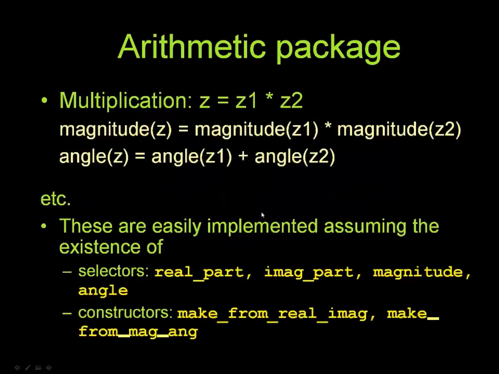Multiplication is similar, but you take the magnitudes of the numbers and multiply them together, and the angles are added together. These are easily implemented, assuming that you have real part, imaginary part, magnitude, and angle. Then you can use the constructors, make from real imaginary, and make from magnitude angle.